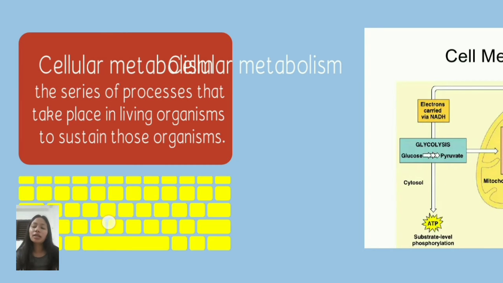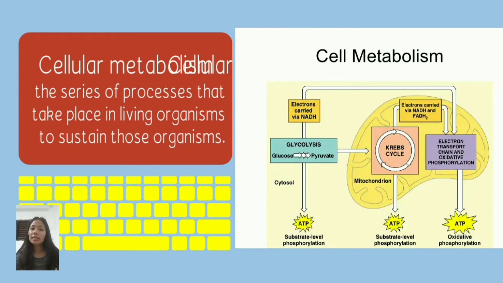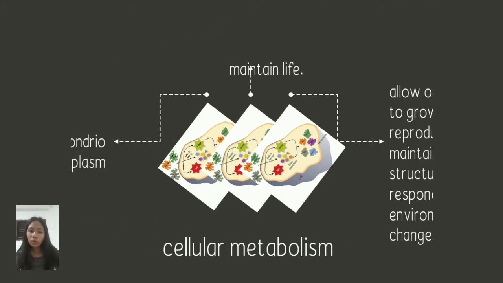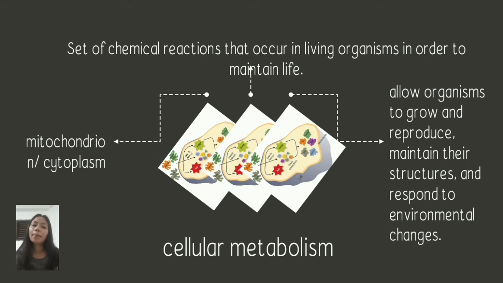So this happens in our mitochondrion inside the cell, or in the cytoplasm for a prokaryotic cell. It is the set of chemical reactions that occur in living organisms in order to maintain life. These allow organisms to grow and reproduce, maintain their structures, and respond to environmental changes.